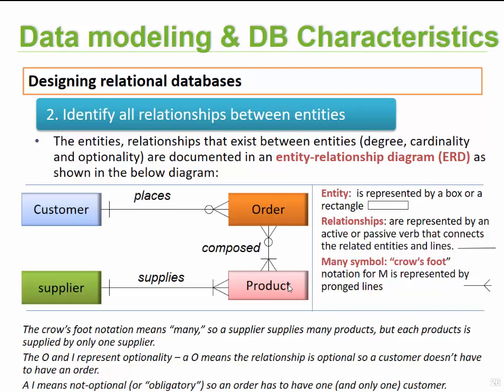Let's look at the following one. An order should be composed of multiple products. A product might be found in many orders. So what it means is, if you want to place an order, there should be many products within that order, but a product might not be required in all of the orders.